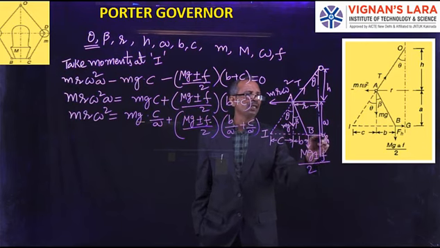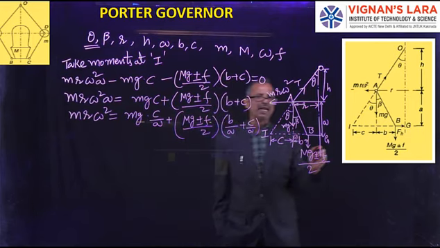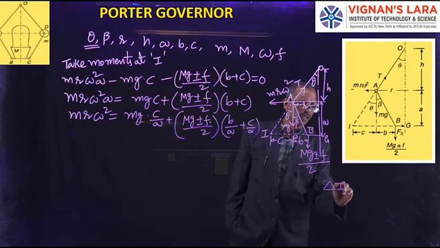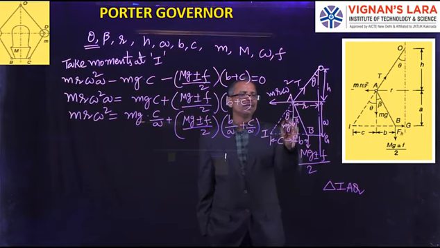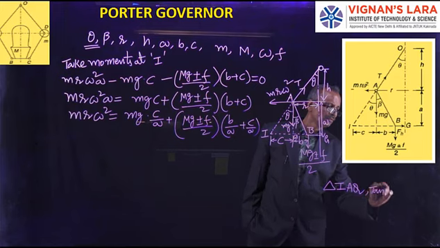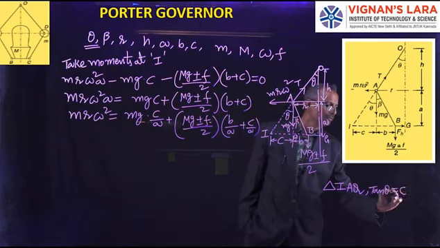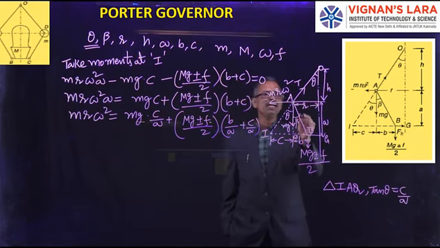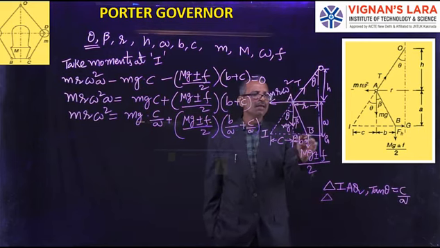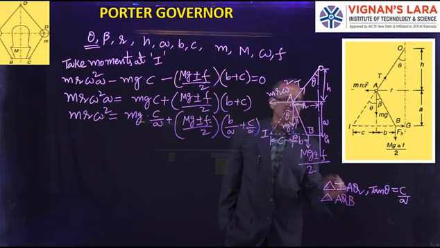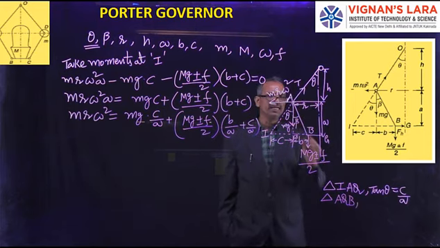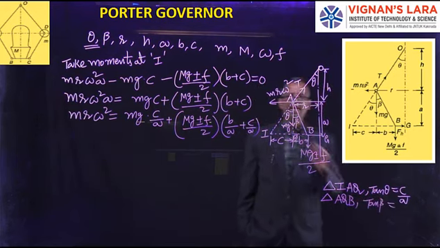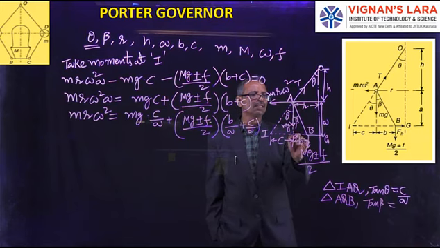Let me name this point Q. So if you look at the triangle IAQ, in this tan θ, that is C/A, and we defined this angle as beta. And in triangle AQB, in the AQB triangle, you can write tan β is equal to the opposite side over the adjacent side, B/A.